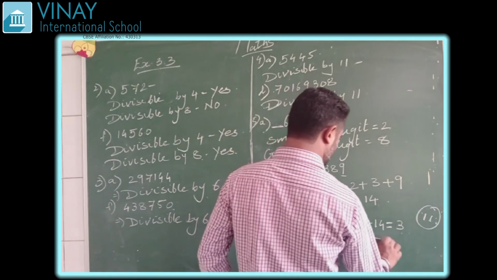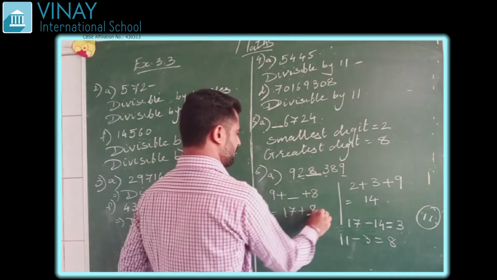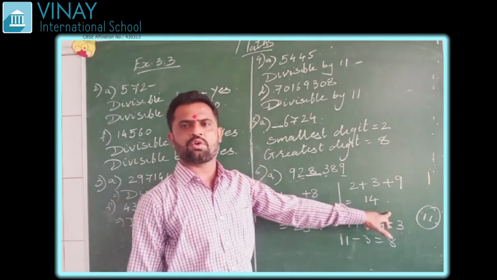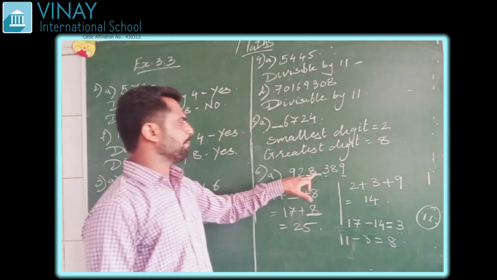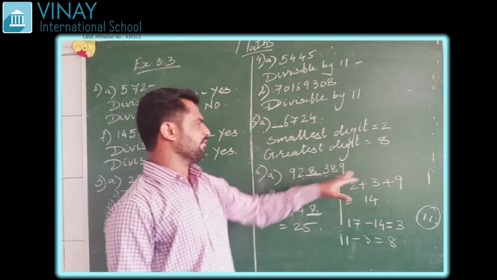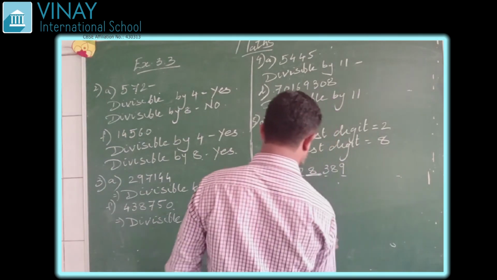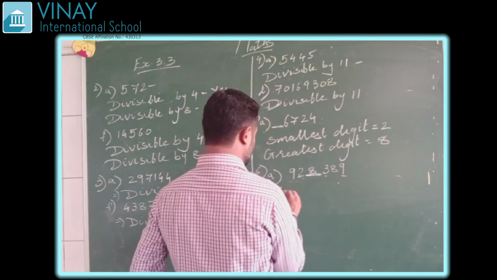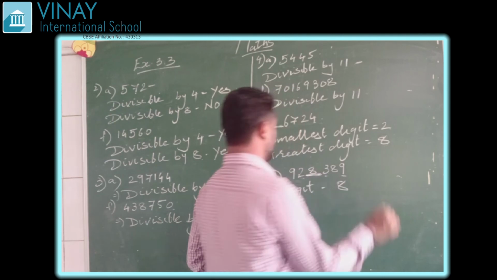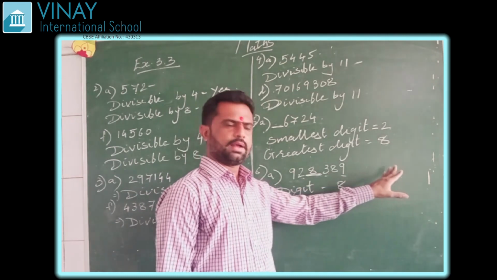So 11 minus 3 is equal to 8. So if we put 8 here, then 17 plus 8 is equal to 25, and 25 minus 14 is equal to 11. So if we put 8 here, then this number is divisible by 11. So the digit should be 8.